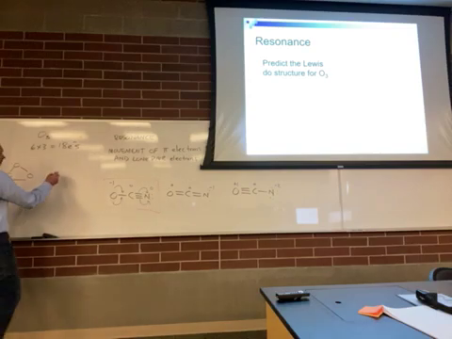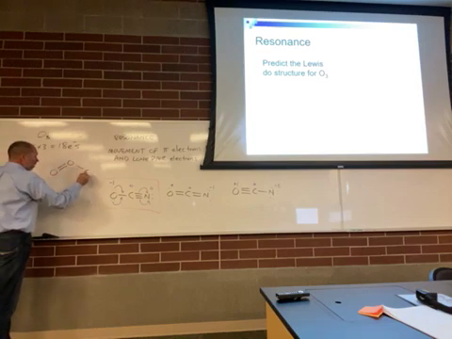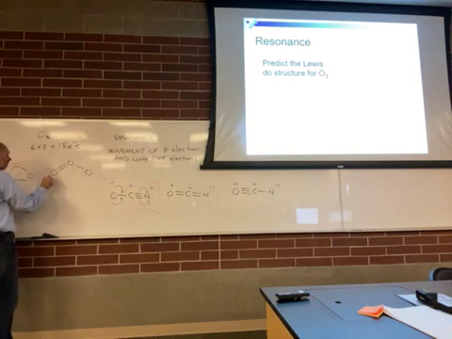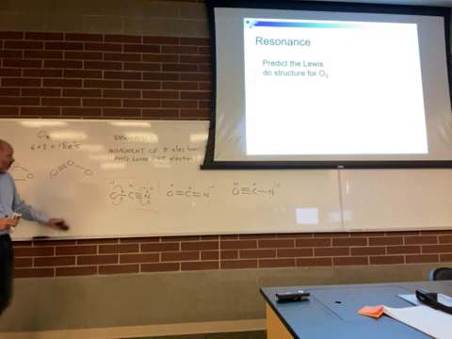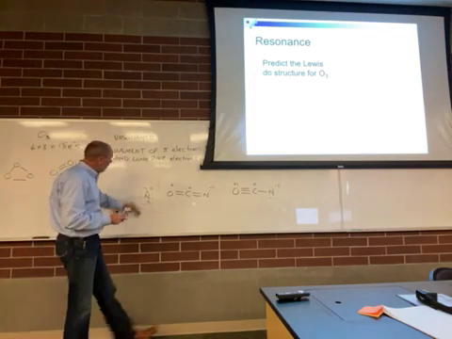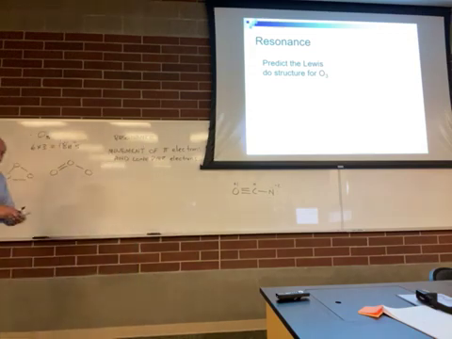The other way to draw ozone is this here. Again, all of them have an octet. 2, 4, 6, 8, 2, 4, 6, 8, 2, 4, 6, 8, totaling 18 electrons. Now, with that, notice this one has a 0.